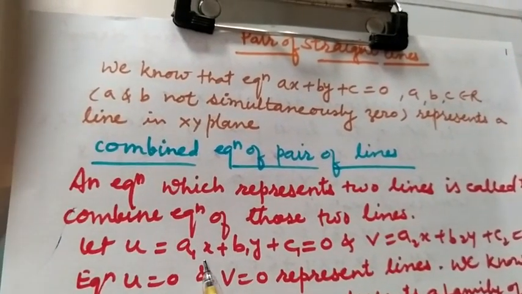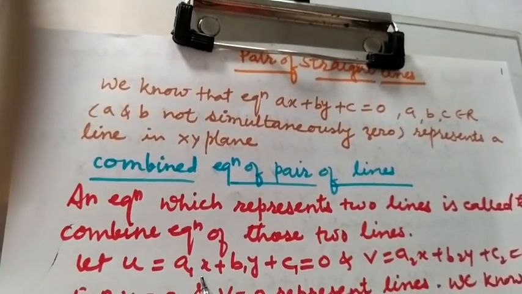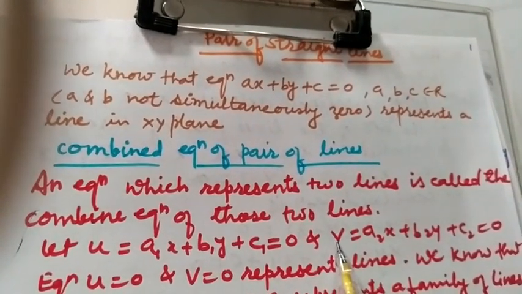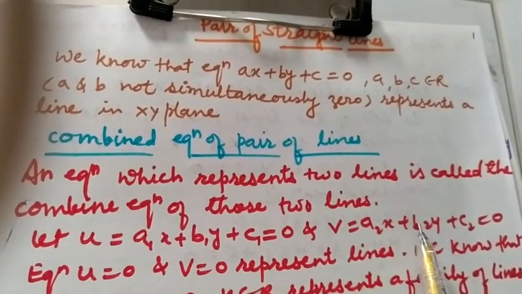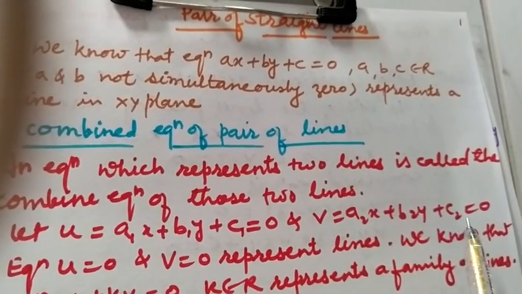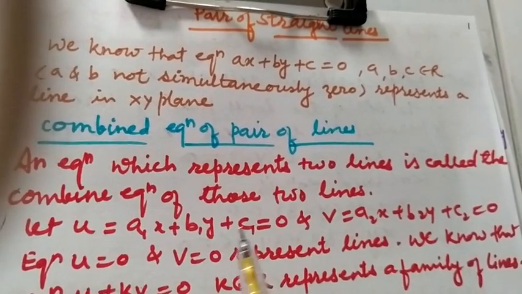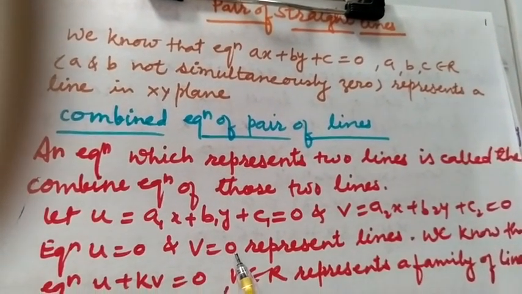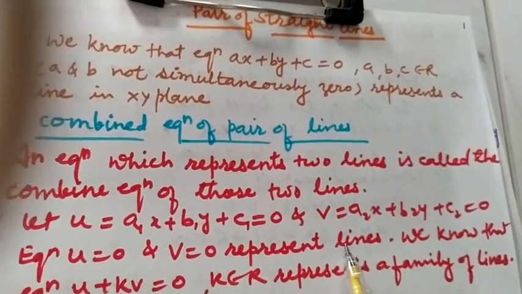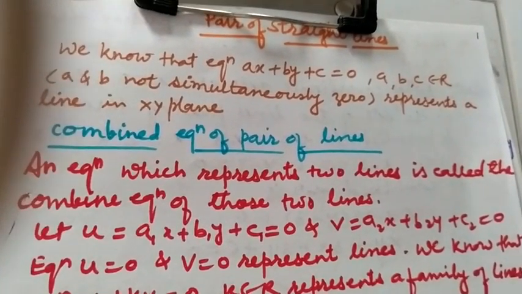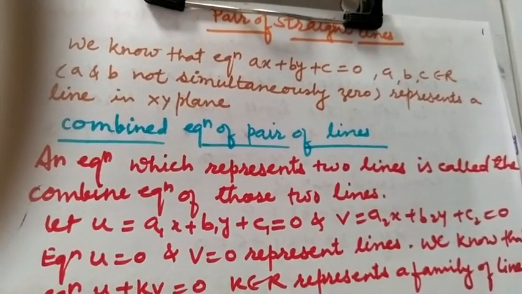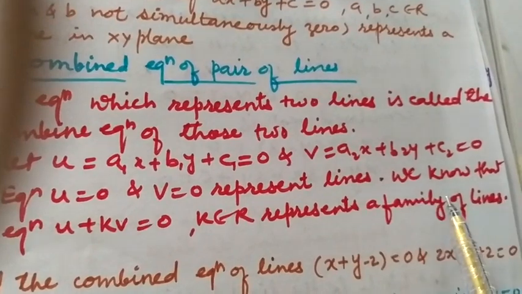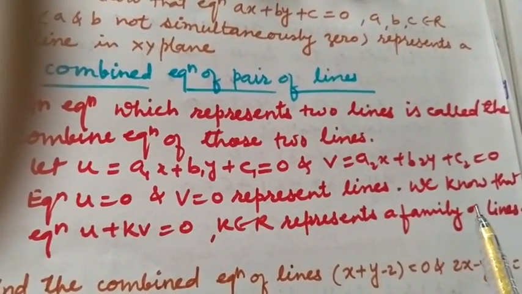Let u is equal to a1x plus b1y plus c1 is equal to 0 and v is equal to a2x plus b2y plus c2 is equal to 0. Equations u is equal to 0 and v is equal to 0 represent lines. We know that the equation u plus kv is equal to 0, k belongs to R, represents a family of lines.